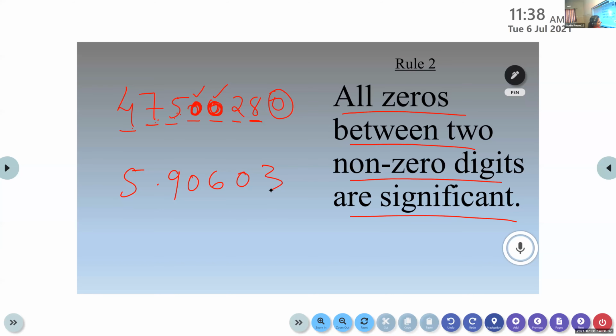I will call your name. Tominston, can you identify the significant digits in this measured value? 6. Yes. 1, 2, 3, 4, 5, 6. Very good. Here the number of significant digits is 6.